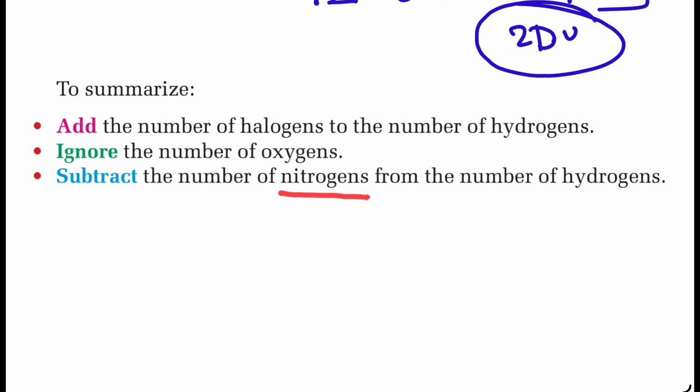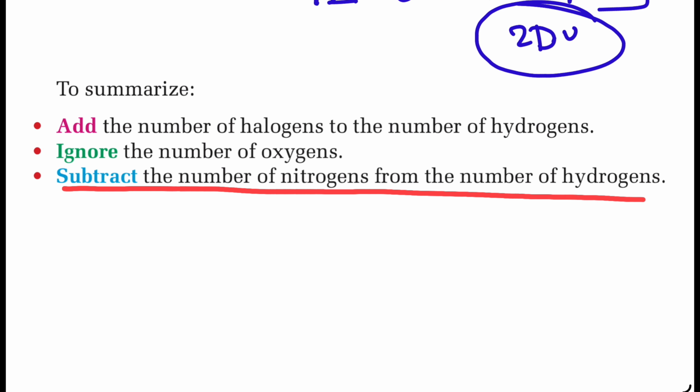If nitrogen is present, you just subtract the number of nitrogens from the number of hydrogens, because you are removing hydrogens also. If there is one nitrogen, subtract one hydrogen. If there are two nitrogens, subtract two hydrogens. In the case of halogens, you add. If it is oxygen, there is no disturbance.